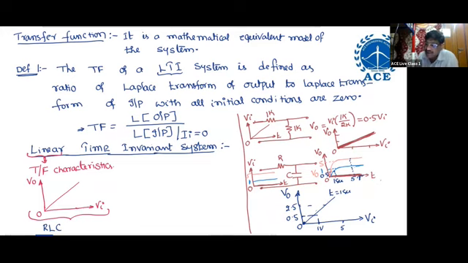So here what happened? Input 1 volt, output 0.5, so half of the input. At 1 second, input rises to 5 volts, so output becomes 2.5, half of the input voltage. Then only we can say this is a linear circuit. So simply you can say the RLC components give linear transfer characteristics.